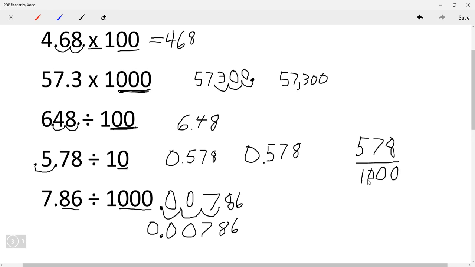This is 786 hundred-thousandths, 786 over 100,000. 6 and 48 hundredths, that would be 6 and 48 hundredths. Okay? So I would say this is pretty easy when you learn how to move the decimal and which way to go. So hopefully this clarified things.